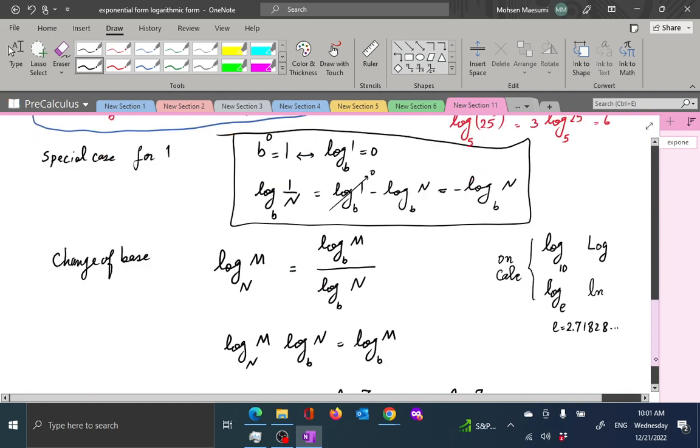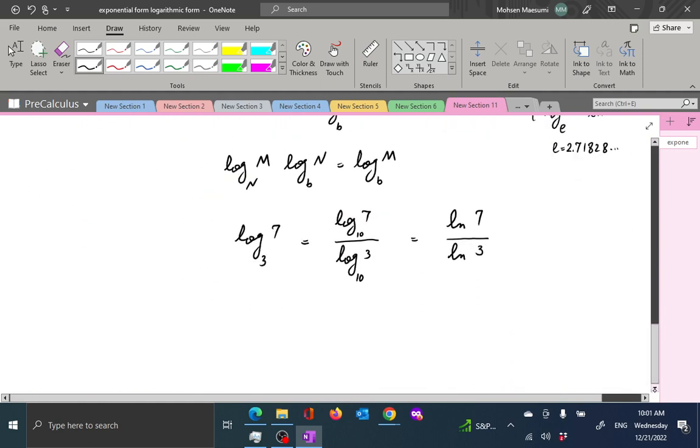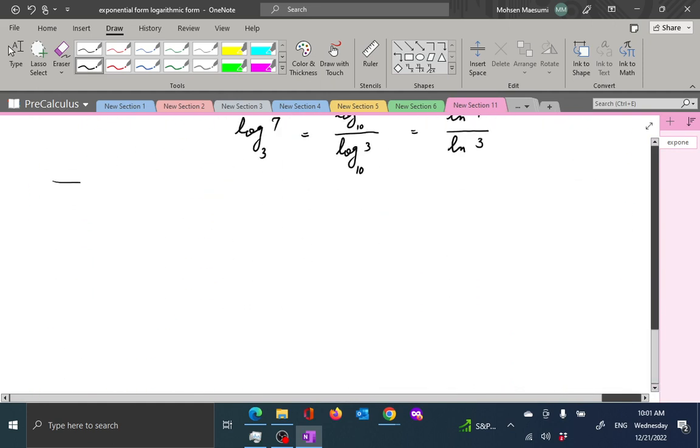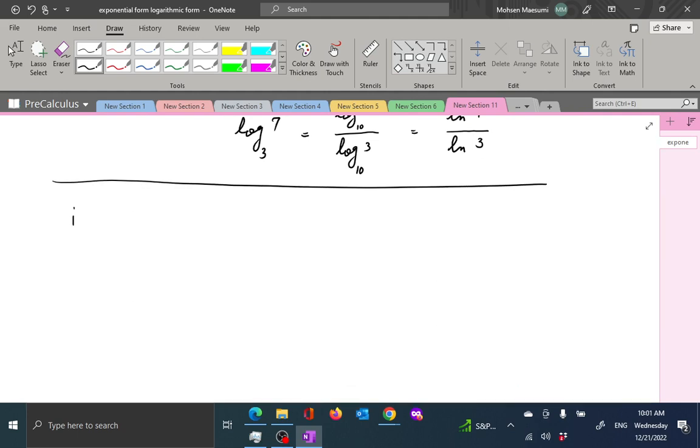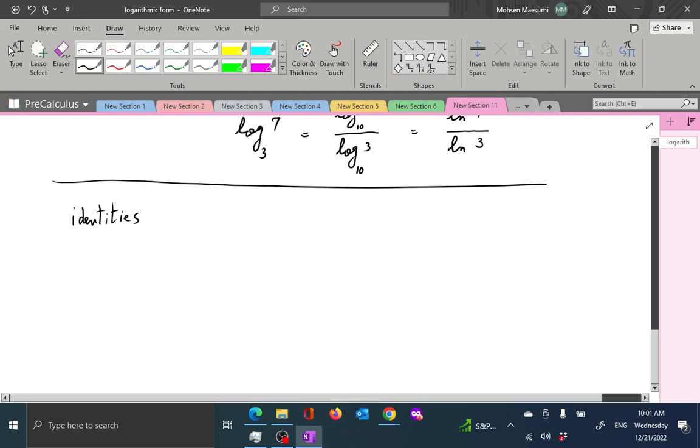One more thing let me mention here, which is just rewriting the properties of logarithm, sometimes in the context of identities. b raised to the power of the logarithm of m in base b is just the number m again. What does this mean?